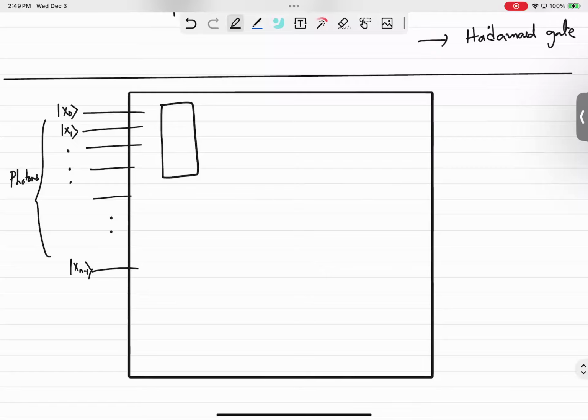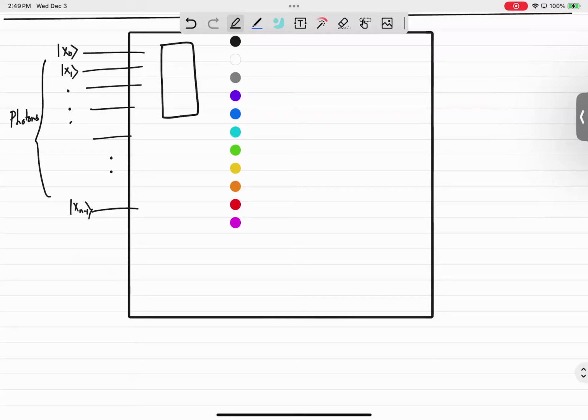Okay. But this is not enough. Because of the laws of quantum computing, which tell us that we cannot destroy information, okay, we have to allow some extra photons basically as memory. Okay. So in the definition of quantum circuits, you have the n input bits, and then you have a few ancillas. I don't know why they're called ancillas, but that's the name that somehow has stuck. Okay.